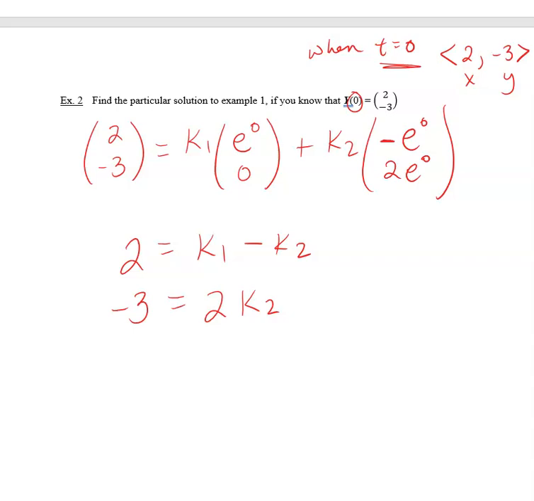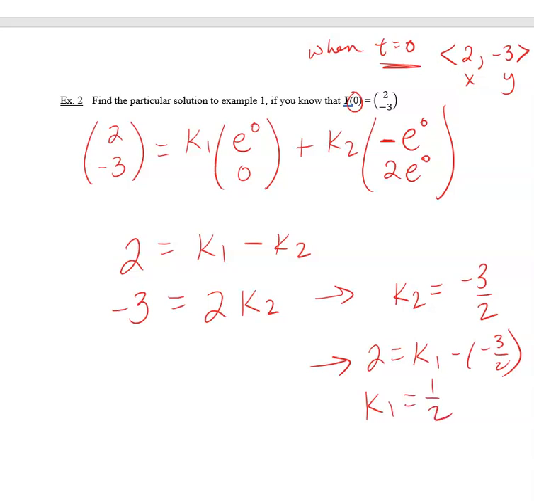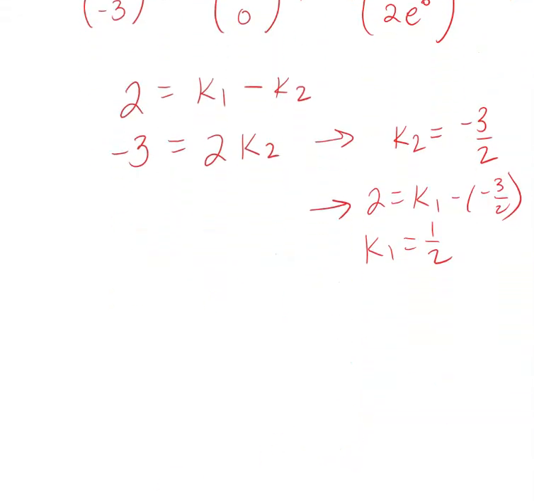So you're going to solve this system of equations, and we can solve right away and see that K2 is equal to negative 3/2. So then just go back and substitute that into the original expression, and we're going to say that 2, of course, is equal to K1 minus negative 3/2. So K1 is equal to 1/2. So then what does my particular solution look like?